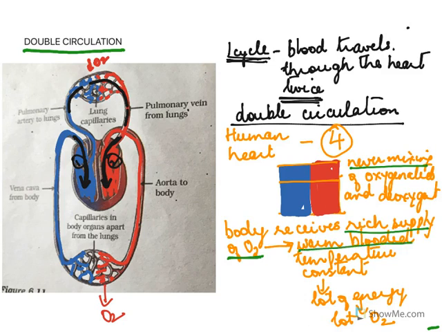Because we are warm-blooded. What do you mean by warm-blooded? It means the temperature of the body remains constant. And for the body temperature to remain constant, a lot of energy is needed. A lot of energy means a lot of oxygen. So we cannot tolerate the mixing of blood. If our blood were to mix, we would not get sufficient oxygen and our body temperature would not remain constant.